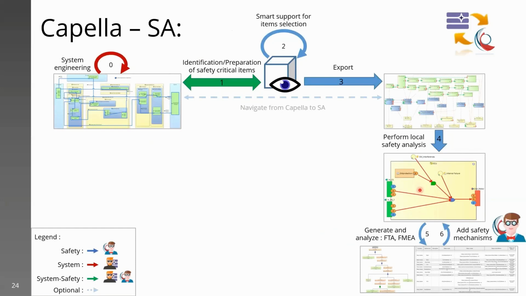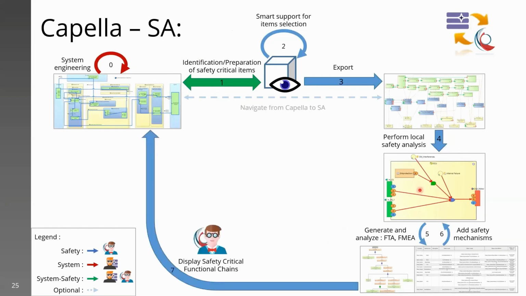And when the safety team reaches the safety goal, we can export information to Capella. The only thing that we can export from Safety Architect to Capella is the safety critical function chain. The safety critical function chain is like a representation of the failure propagation in the system architecture.